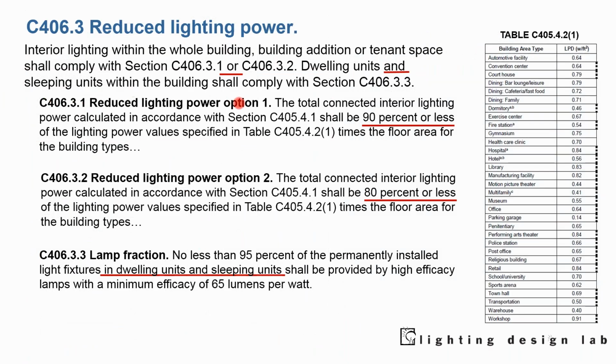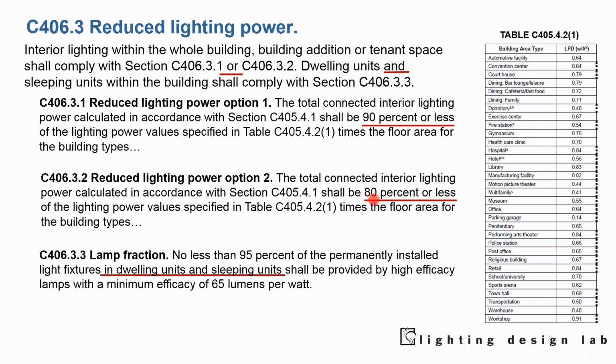So reduce lighting power, option 1. You either use one or the other. Interior lighting power calculated shall be 90% or less of the lighting power values in these tables. So it'd have to be 10% less than the number indicated.